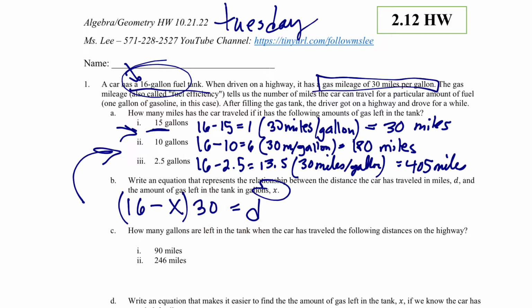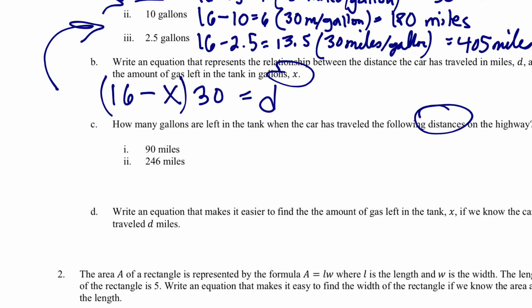So now, in this next part, it's asking you instead, how many gallons are left if we've gone this distance, okay? So now, instead of replacing this for x, we're replacing this for d and solving for x. So let's zoom in a little and take a look at that. So if we were to do 16 minus x times 30 equals 90 miles.